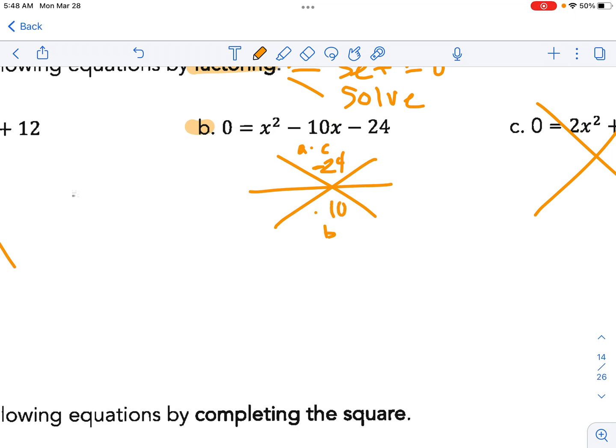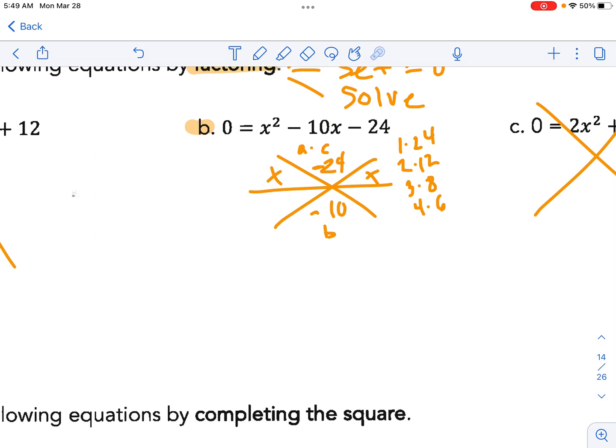The bottom is value b, which is negative 10. This is just an x squared with no coefficient, or at least the coefficient is equal to 1, so we just have x's up there. If you look back on your factor sheet, the factors of 24 are 1 and 24, 2 and 12, 3 and 8, and 4 and 6.